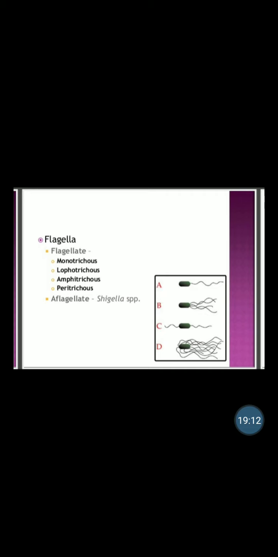Next, flagella. This classification is based upon presence or absence of flagella. For example, it is classified as monotrichous, lophotrichous, amphitrichous, and peritrichous. I have already discussed in the last lecture what is monotrichous, lophotrichous, amphitrichous, and peritrichous.